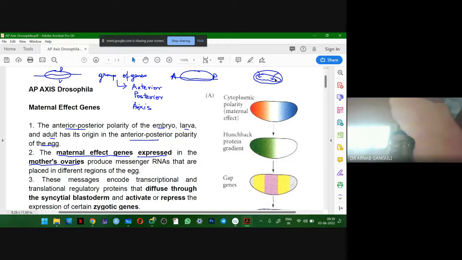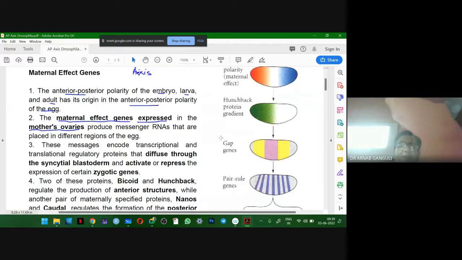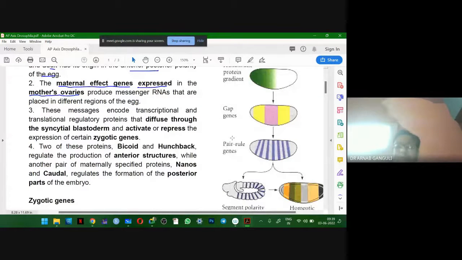Say the first product is in the anterior end and the second product is in the posterior end. It can be something like that. And these products are placed in different regions of the egg. So maybe product 1 is present over here, product 2 is present over here.